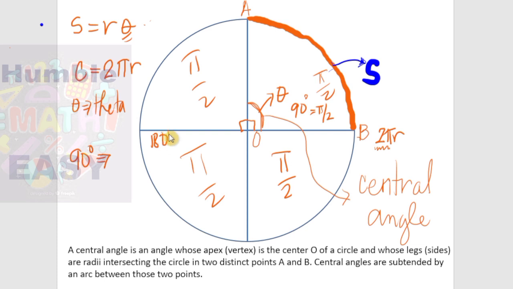So this is now pi over 2 plus pi over 2, and this is equivalent to pi.